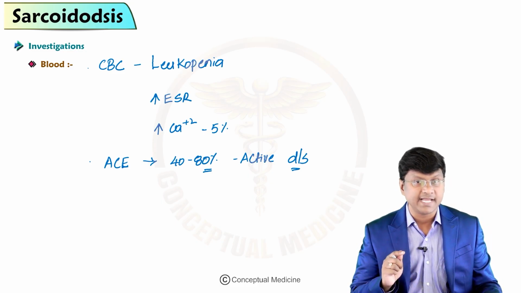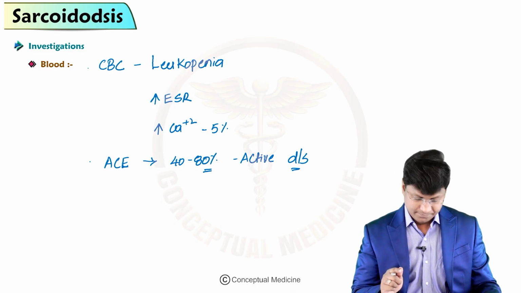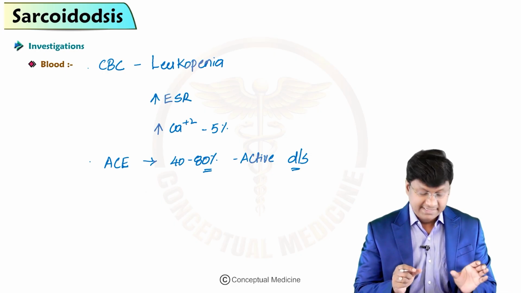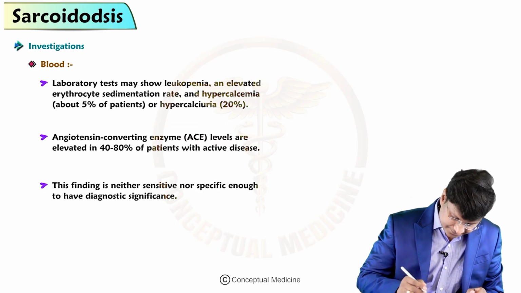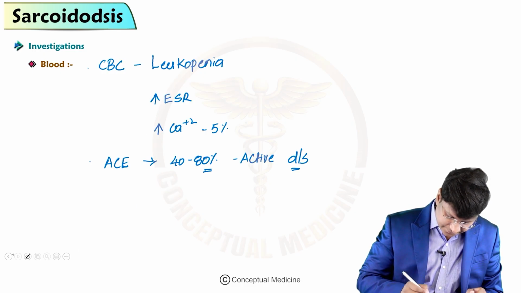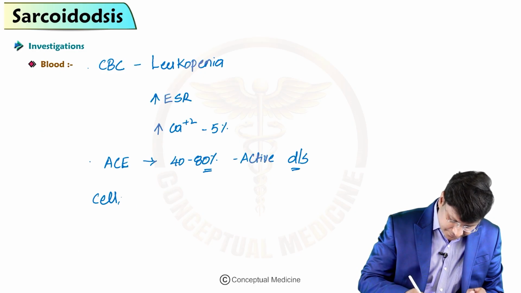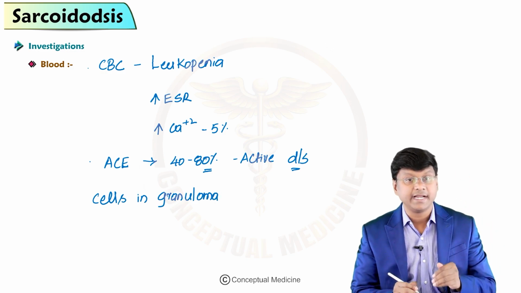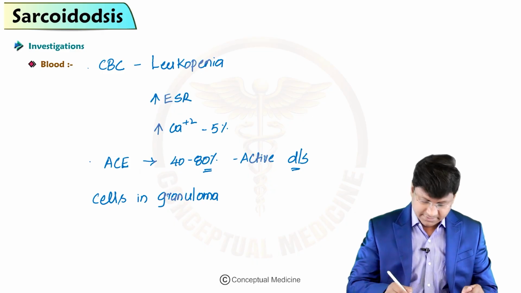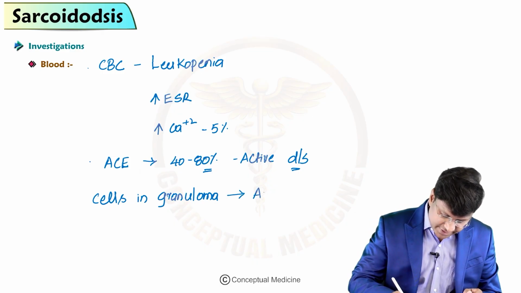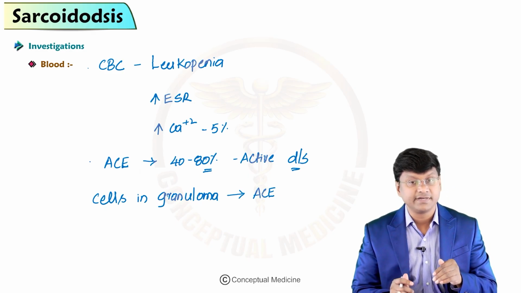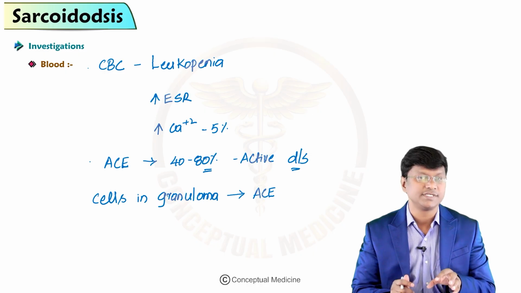Now, for angiotensin converting enzyme, you should know why it is elevated in sarcoidosis. Let me tell you, the cells in the granuloma are the ones that release angiotensin converting enzyme into the serum.